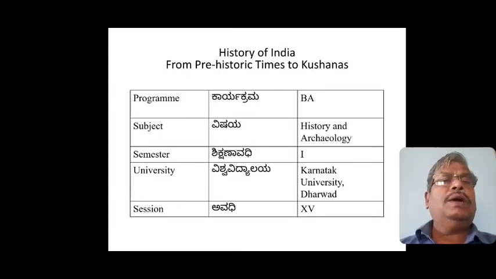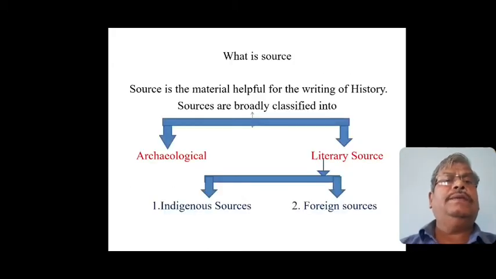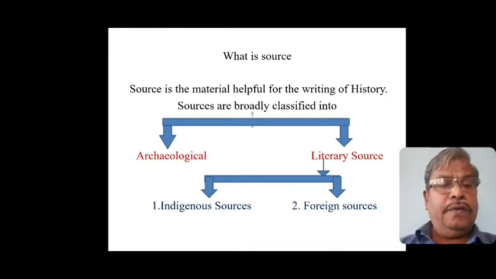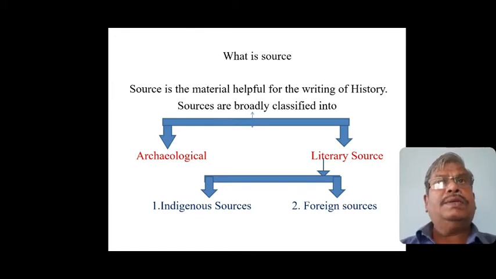In this video program, I am going to explain you about the foreign literary sources of ancient India. As you know very well, the sources of ancient India are broadly classified into archaeological sources and literary sources. In archaeological sources, once again, we have classified them as antiquities, inscriptions, numismatics, and monuments.